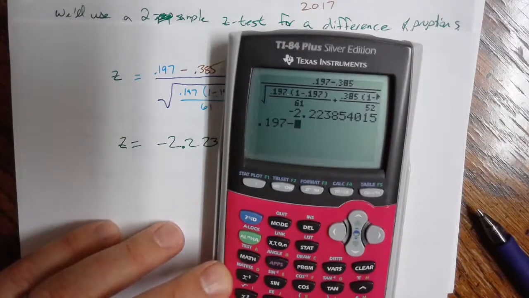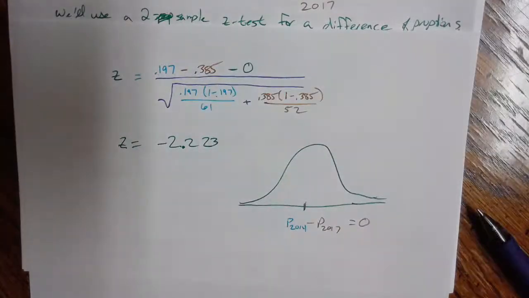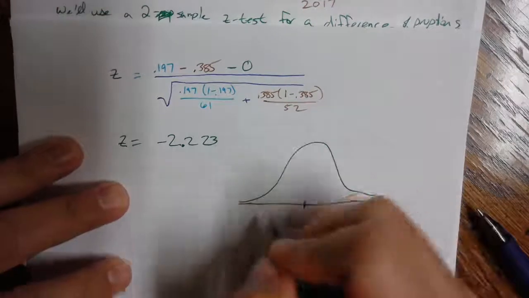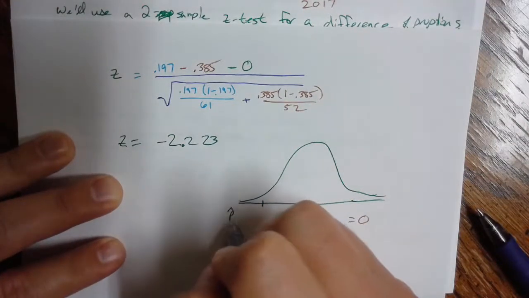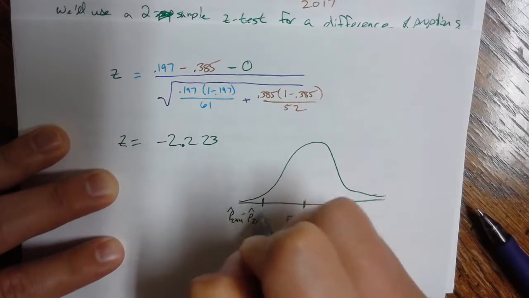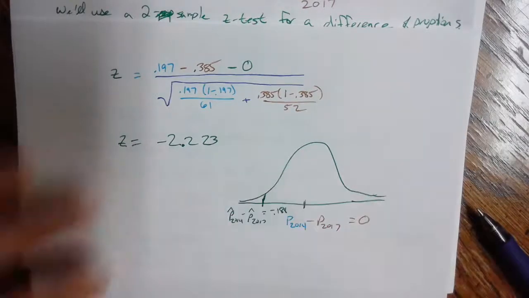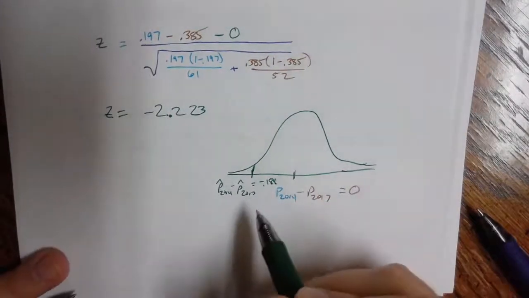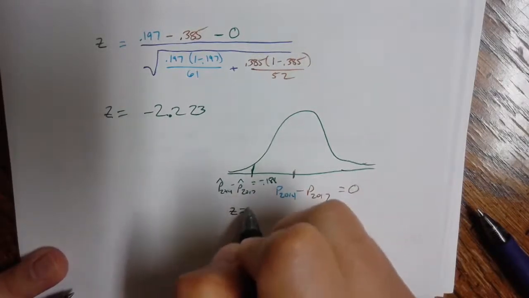You see there's a difference of almost 19%. What we just calculated was, I'll put it over here, p hat from 2014 minus p hat from 2017, that number is negative 0.188. So we just calculated a sample difference of almost 19%, and the z-score for this calculation is negative 2.22.